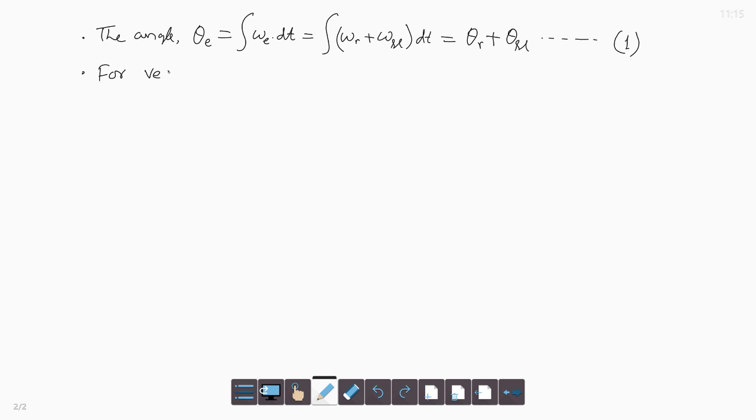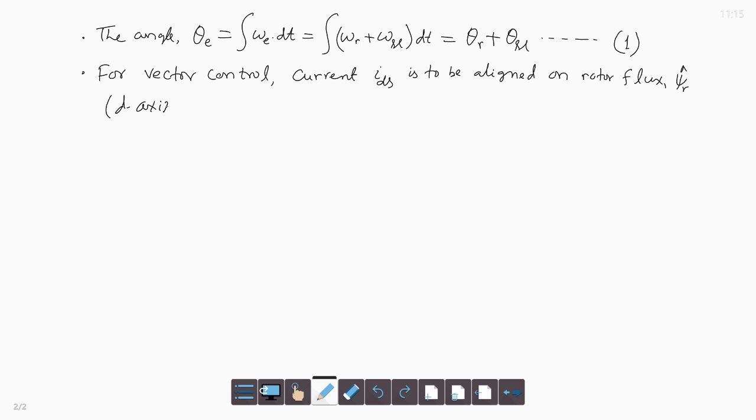For vector control, the current component IDS is to be aligned on the rotor flux psi r, which is also the d axis.